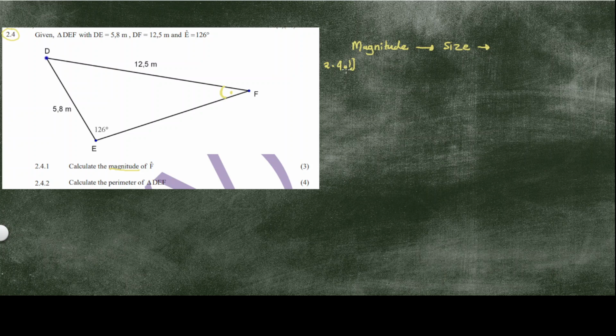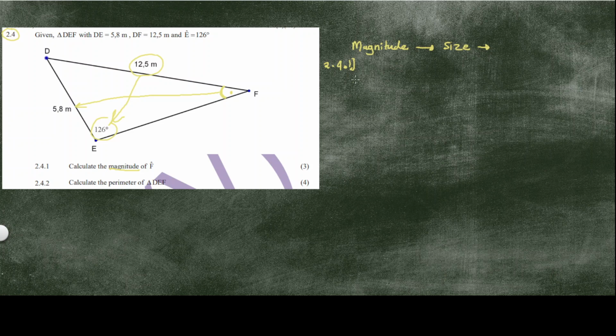And then we're going to use the unknown size F. Then we're going to pair it with the 5.8, and we're going to pair these two as well, right? However, whenever they want you to calculate an angle, make sure that the sine is on top.